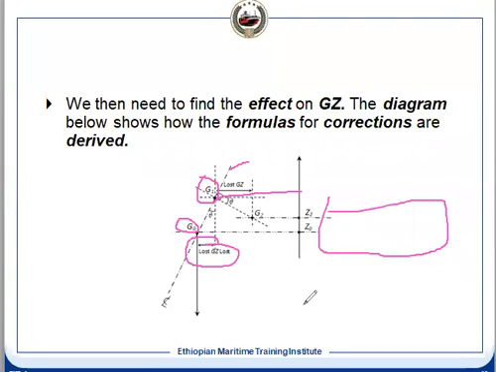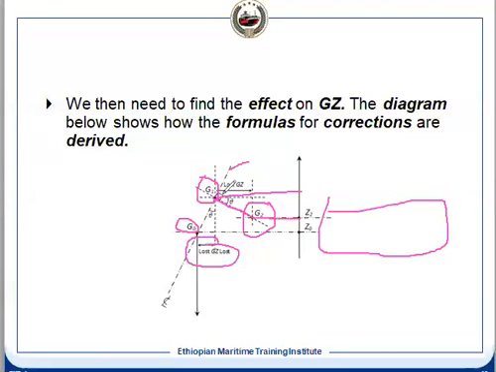So shifting of cargo, grain for example, means this GZ has to be deducted. And in addition, G1 will shift transversely, a horizontal movement. It means finally GZ is this.